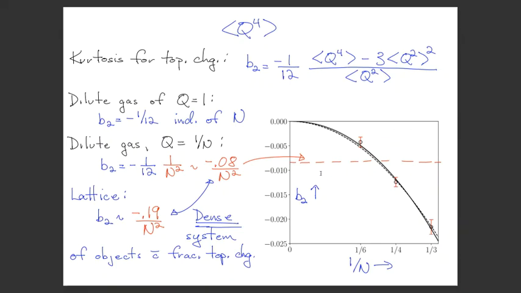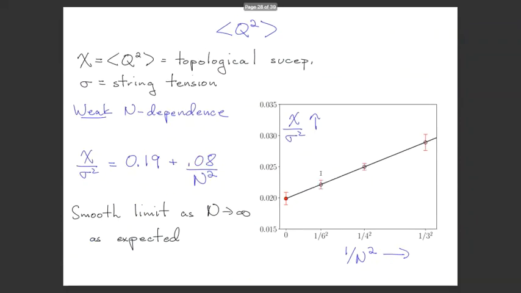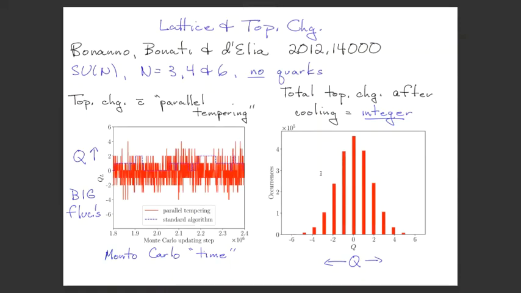So in the previous slide, you showed that you get this integer charge when you cool, right? But you're saying now when you look at the kurtosis, you're seeing signs of fractional charge. Well, as I said, if you cool the system with periodic boundary conditions, I certainly agree you're going to find integral topological charge, and that's what they find.